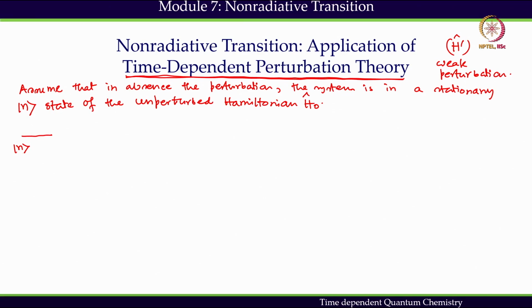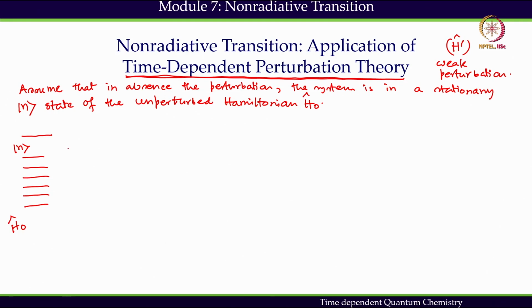How do I get that discrete state? In fact, I can get all the states which are available, in other words the spectrum of the system, from the unperturbed Hamiltonian using the time-independent Schrodinger equation.